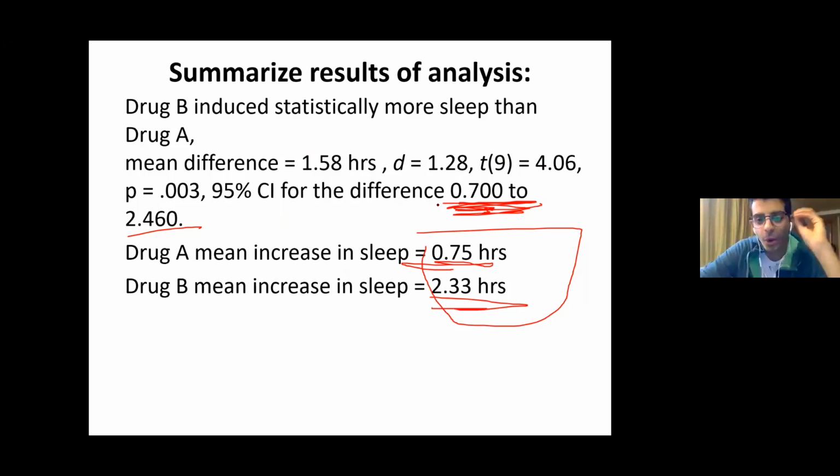When I say compared to 0, let's say it's not touching 0, then that means we are sure that drug B is statistically significant from drug A. I know it sounds really confusing, but just for this confidence interval, compare it to 0. If it's not touching 0, then we can say that drug B is statistically significant to drug A.